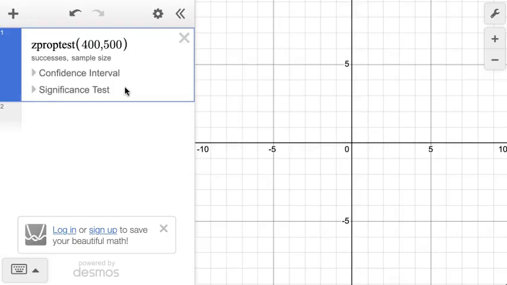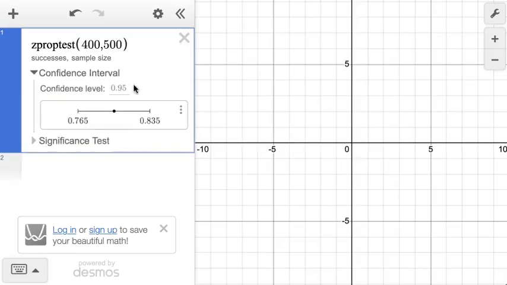Now over here, we have a choice. We're going to do a confidence interval. And really important, we need to change the confidence level, right? The default is 0.95. We want to change that to 0.99. And we have our confidence interval.